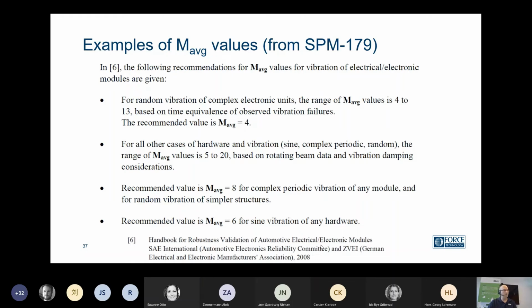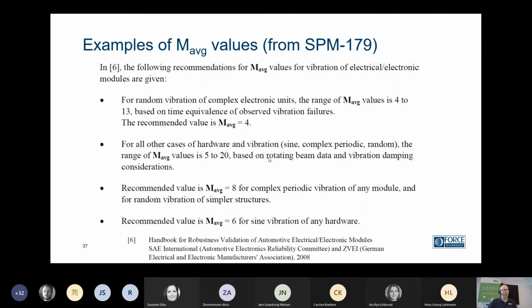It's free to download, and I can very much recommend it because it has a lot of information on this subject. From this one we can find different values. For instance, for complex electronic units, they say it's somewhere between 3 and 4, and the recommended value is 4.